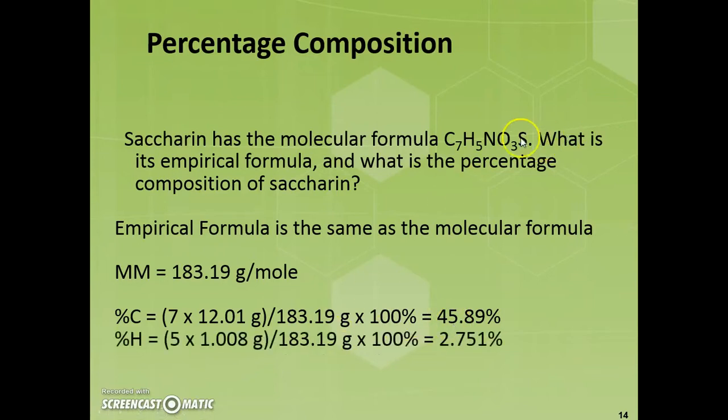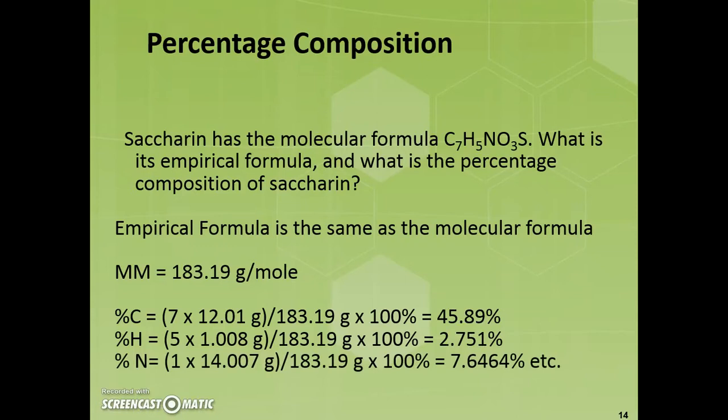Percent hydrogen, again, take the coefficient. There's 5 hydrogen atoms in each saccharin compound, and so it's about 2.75% hydrogen, 7.64% nitrogen, and so on.